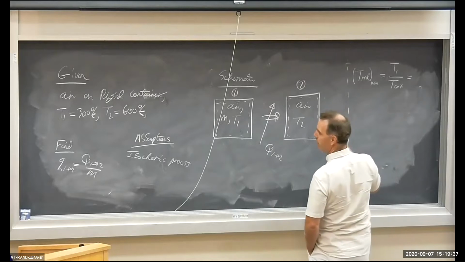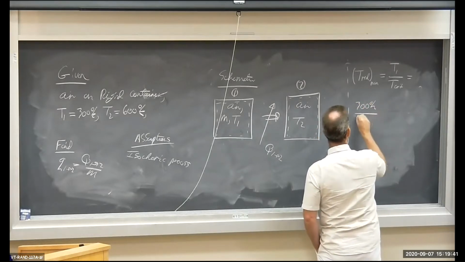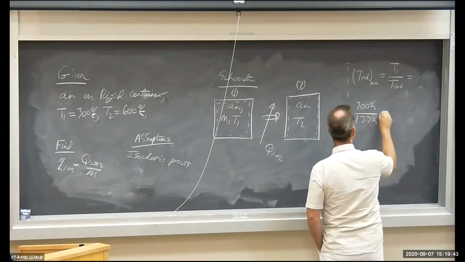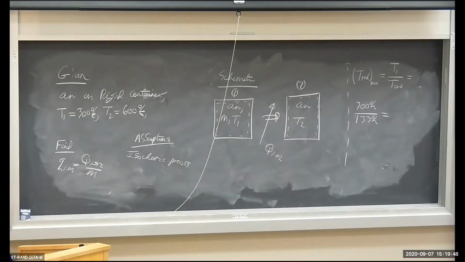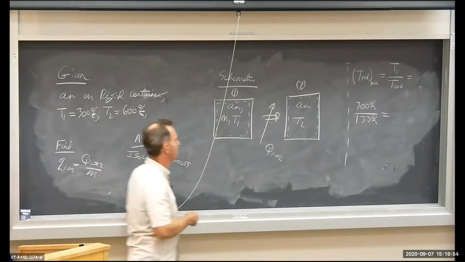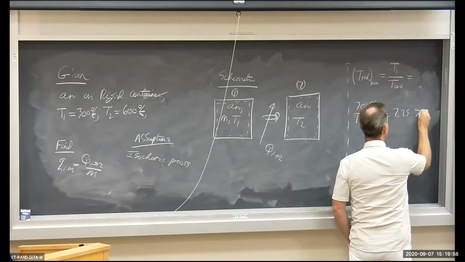So I have 300 Kelvin divided by 133 Kelvin, and that's about 2 point something. 2.25, which is greater than 2.